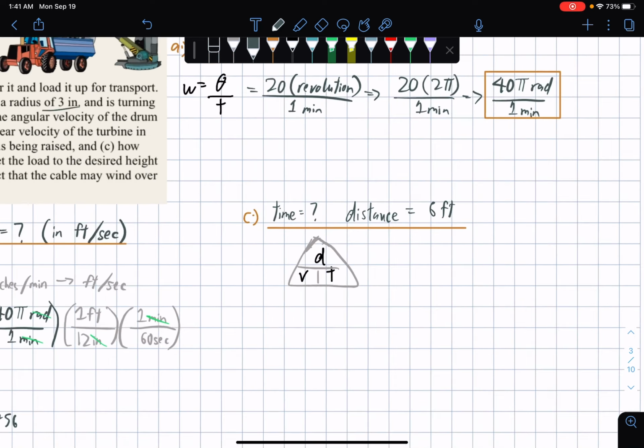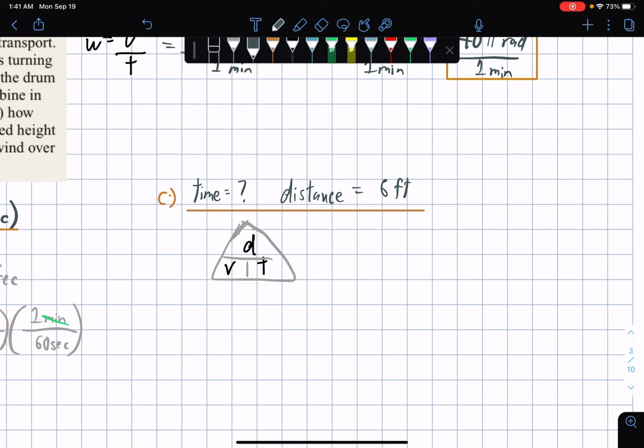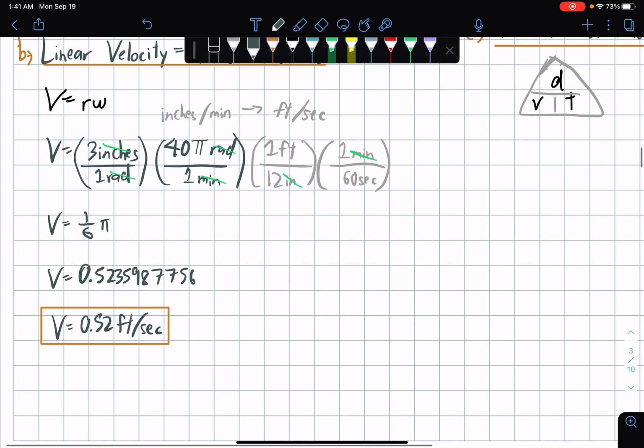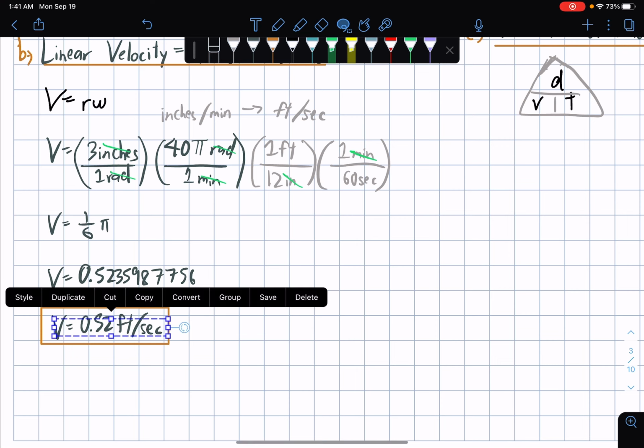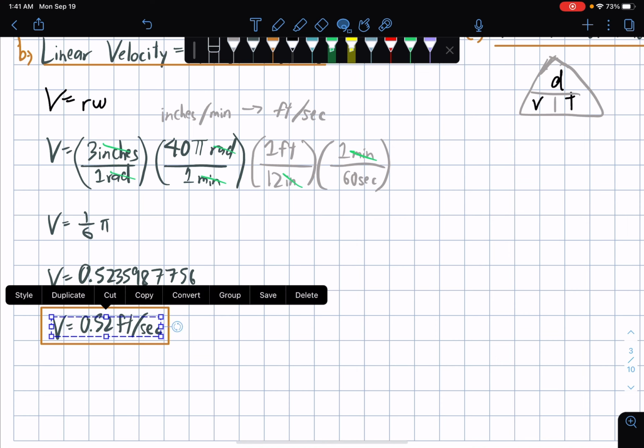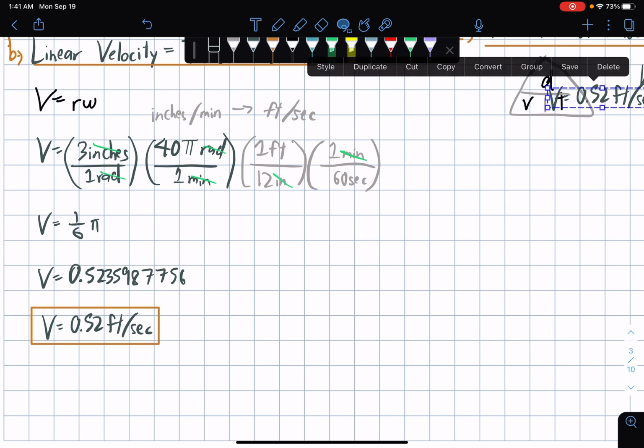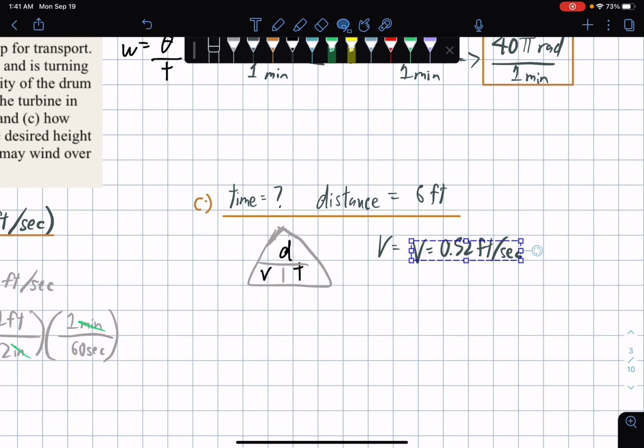Anyways, the distance is equal to 6 feet, so we know what our velocity is. It's this one, 0.52 feet per second. Let me just duplicate that real quick and put it here. There you go.